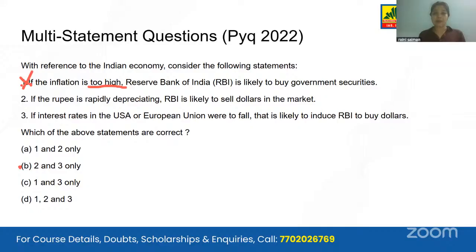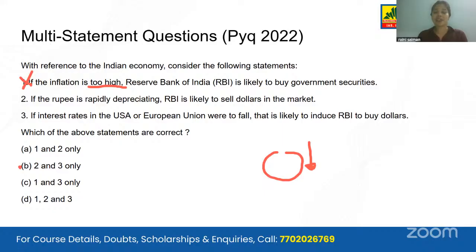Then the next statement talks about if the rupee is rapidly depreciating, the value of the rupee is going down, RBI is likely to sell dollars in the market. So let me be very clear to you. This statement might be a little complicated when you see it, but this is very simple. It is saying when the value of money is reducing, RBI is going to sell the dollars in the market.